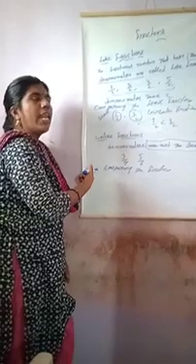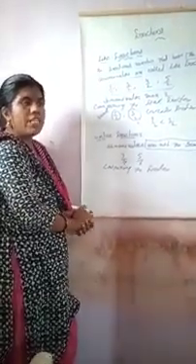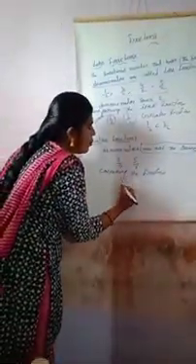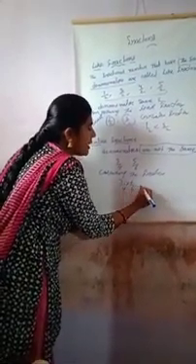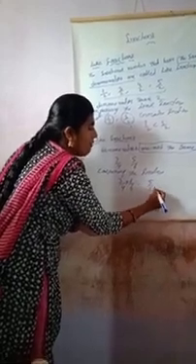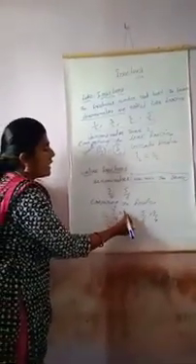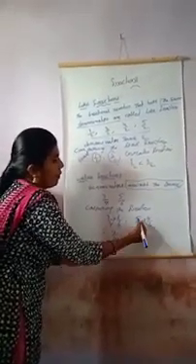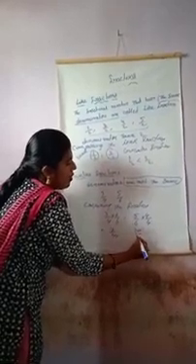So first change unlike fractions to like fractions. 3 by 4 multiplied by 6 by 6, and 5 by 6 multiplied by 4 by 4, both numerator and denominator. So 6 3s are 18, 4 6s are 24. 5 into 4 is 20, 6 into 4 is 24.